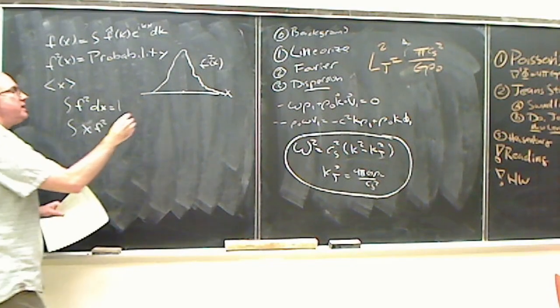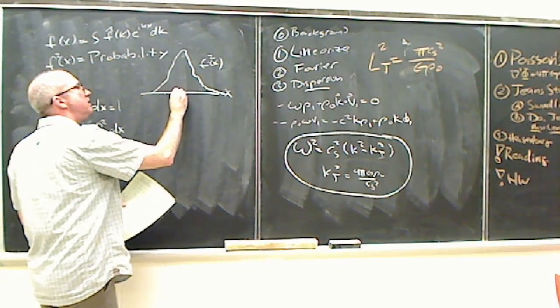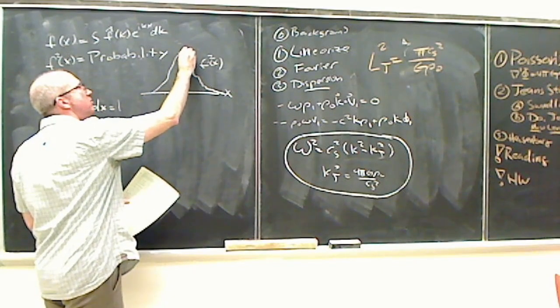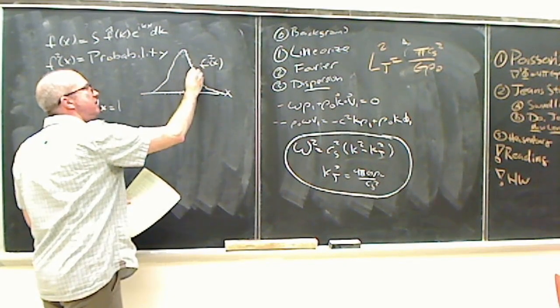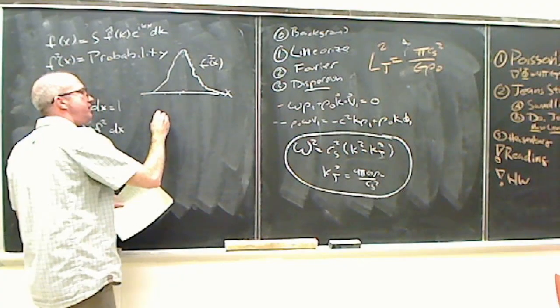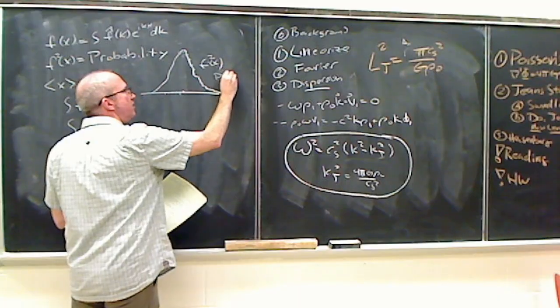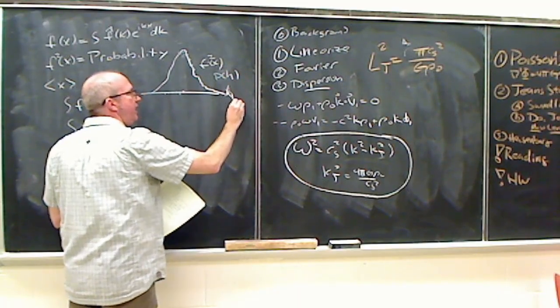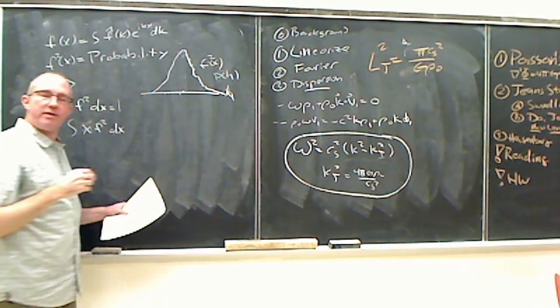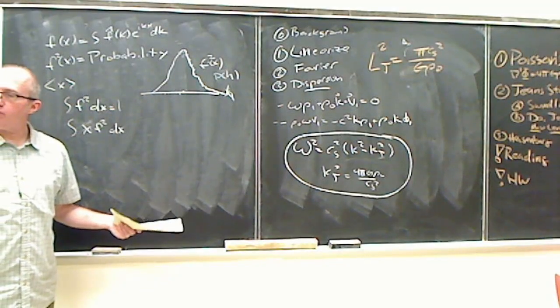So what are you doing? You're taking each position and you're multiplying by how much of that you got. So this is just like if I was going to find the average height of people in the room.